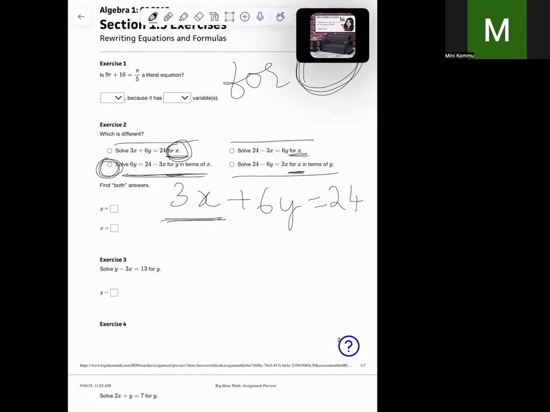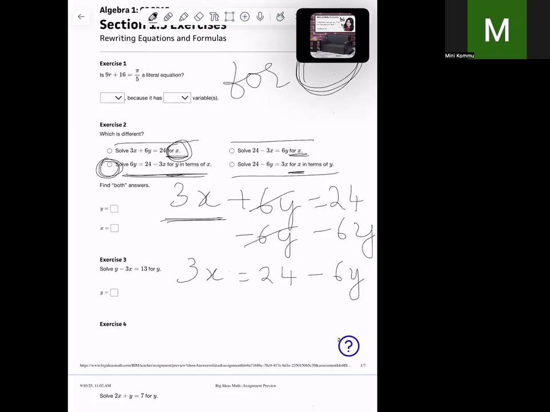That is the term that I want to isolate, which means I want to get rid of 6y. How do I get rid of 6y? Negative 6y on this side and negative 6y on this side. Understood? So positive and negative get cancelled. So you will have 3x is equal to 24 minus 6y. I should be careful with the signs over here, okay?